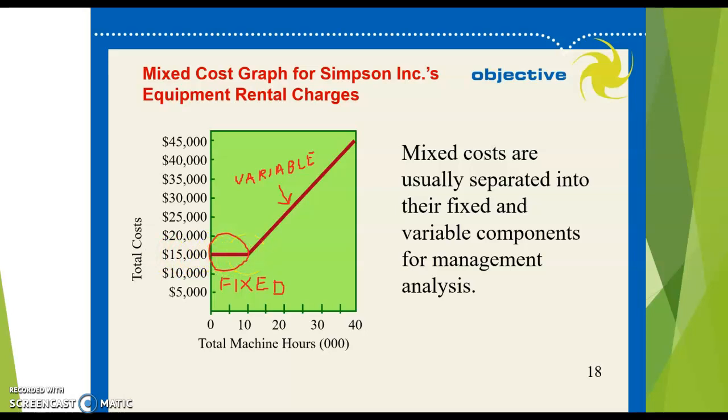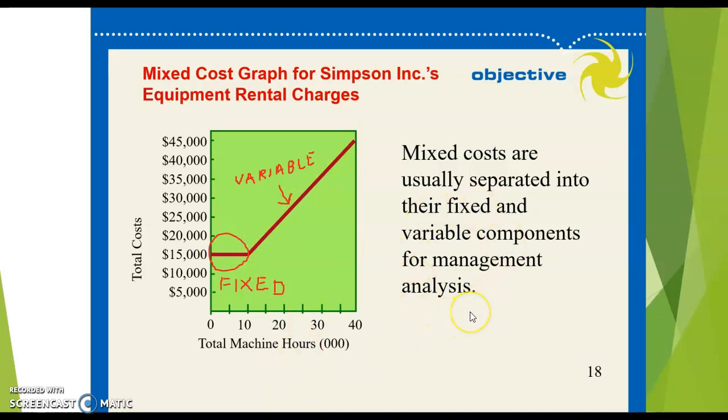After that, for every hour that we use the machine above 10,000, so if we use the machine 40,000 hours, we're going to pay $15,000 plus an extra $1 for the other 30,000 hours. And so this is how much we're going to have to pay for that 40,000 hours. The part that goes from 10,000 on up is the variable part of the line.